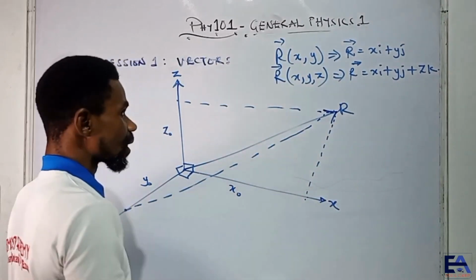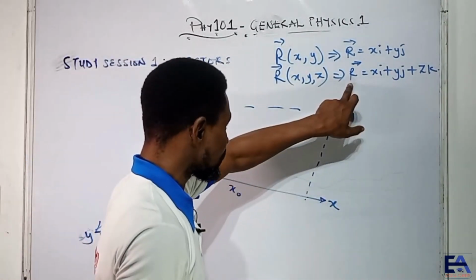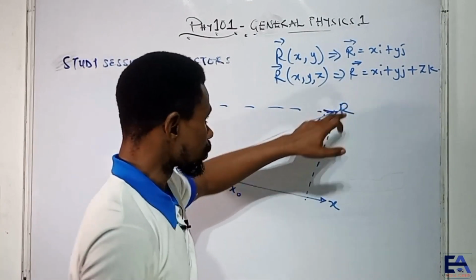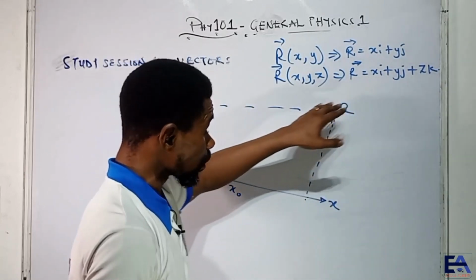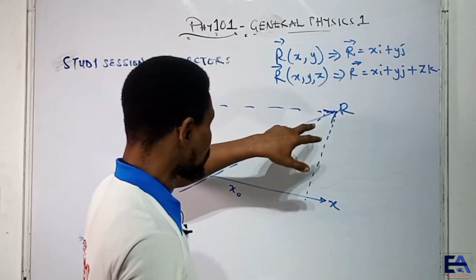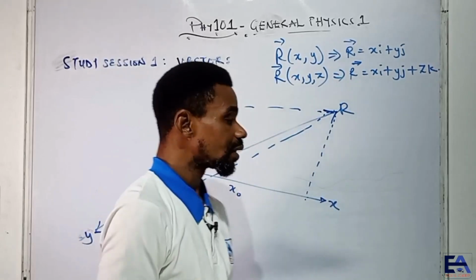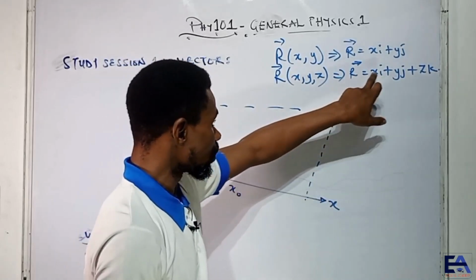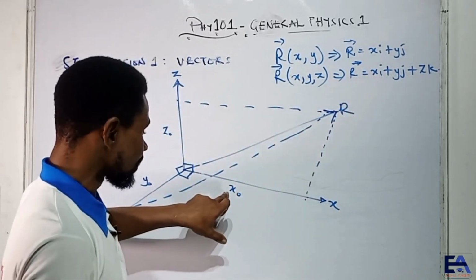And then finding the magnitude is still the same thing. The overall effect of R is equal to the sum of the effects of the components on each of the three axes. The component of this vector on the x-axis is xi, represented as x naught.